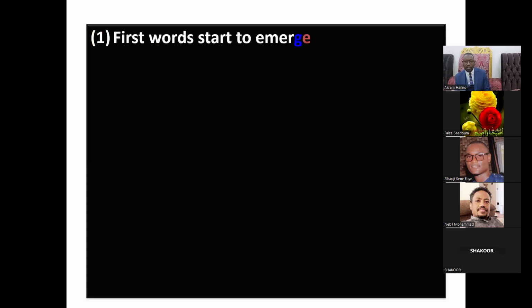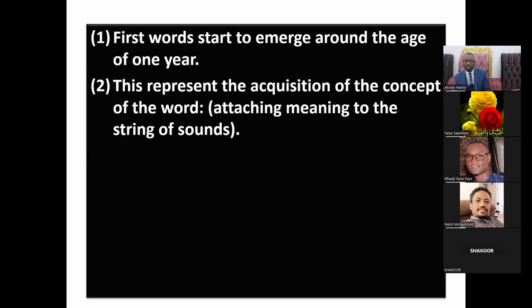Then let us move on quickly to the second stage, which is called the holophrastic stage. First words start to emerge around the age of 1 year. This represents the acquisition of the concept of a word, attaching meaning to a string of sounds.